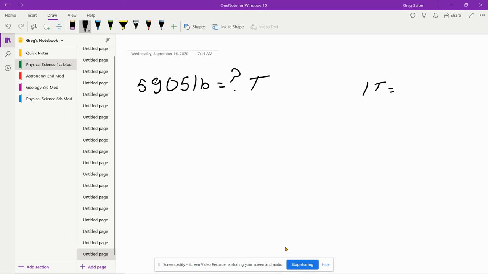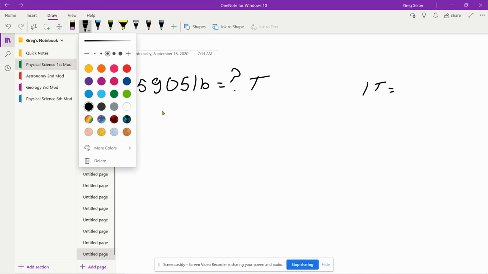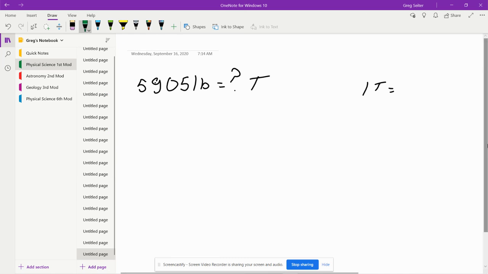1 ton equals 2,000. Uh-oh, must have got it on erase. Well, let's change colors. Why not? Boom, green. I like green. Now what's wrong?